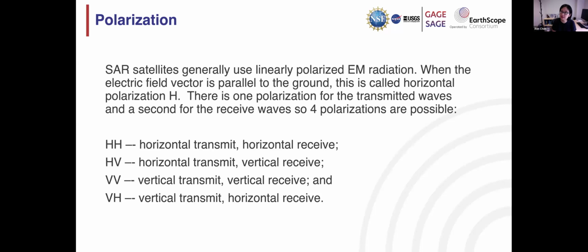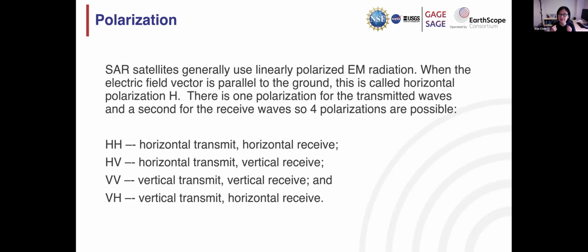And why do we need this different polarization? The main use for polarimetric data is that if you have one particular target you're interested in imaging, two identical targets should look the same, no matter what polarization, they should give you a similar property, right?